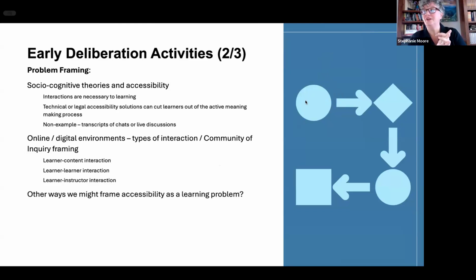So over in the chat window, I hope that this is starting to prompt some ideas from you guys. So let me start with just this question. What are other ways we might frame accessibility as a learning problem? And I'm going to pause to see what you generate here.